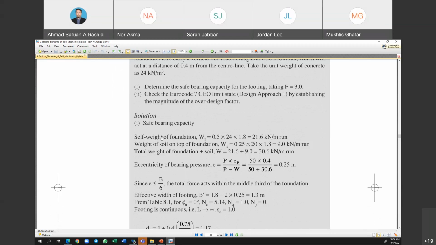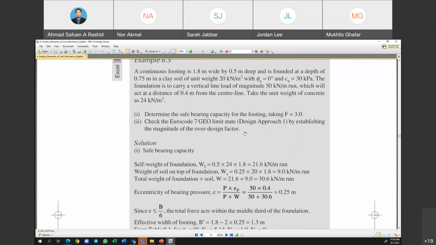The self weight of the foundation, W, is the weight of the foundation: 0.5 times 24 times 1.8. Here 0.5 is the thickness, 1.8 is the width of the foundation, and 24 is the unit weight of the concrete. So we get 21.6. Then the weight of the soil on top of the foundation.